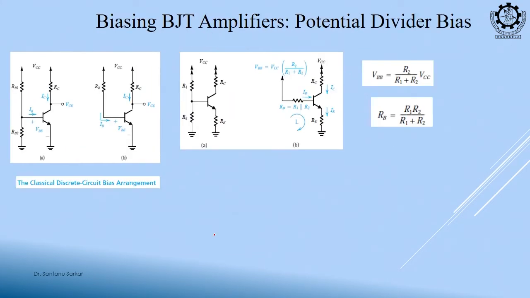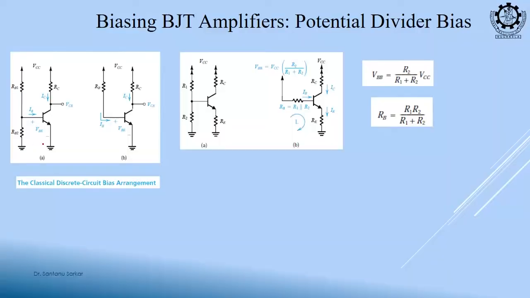Now, this is biasing. This biasing we already know. What is this? Potential divider biasing. Okay. So, this is our actual circuit and this is our equivalent circuit. What is RBB? R1 parallel R2. And what is VBB?